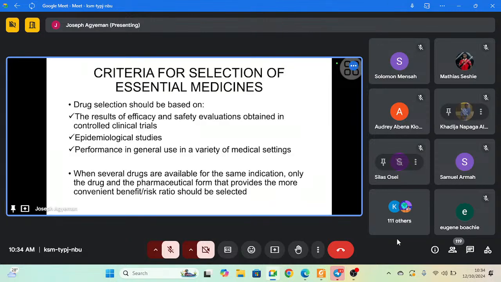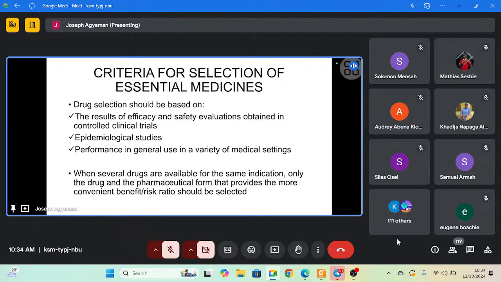Now, drugs that are selected should be based on at least the following: the results of efficacy and safety evaluations, if possible obtained from a controlled clinical trial or epidemiological studies, or the drug's performance in general use. These are very important because they are practical, not theoretical.